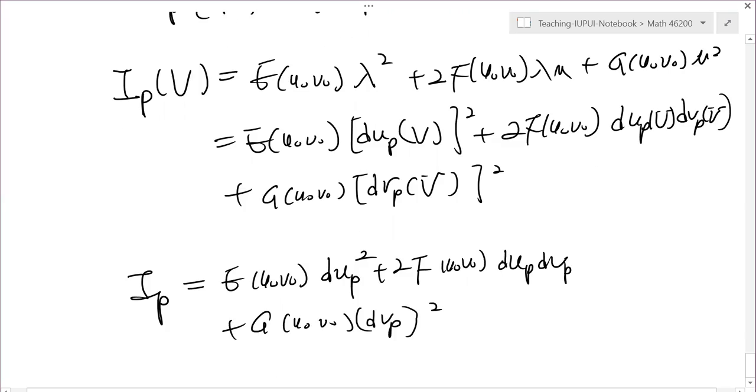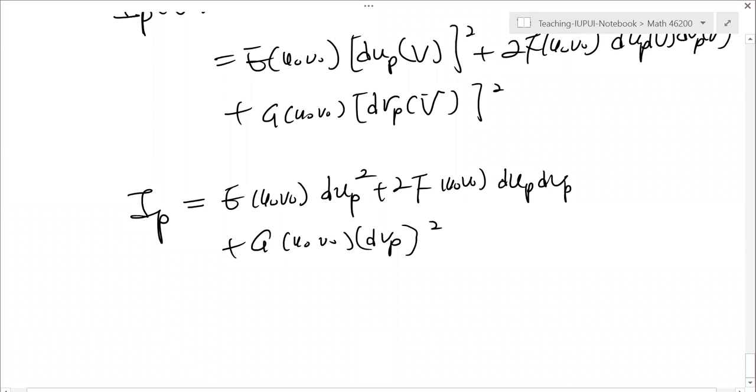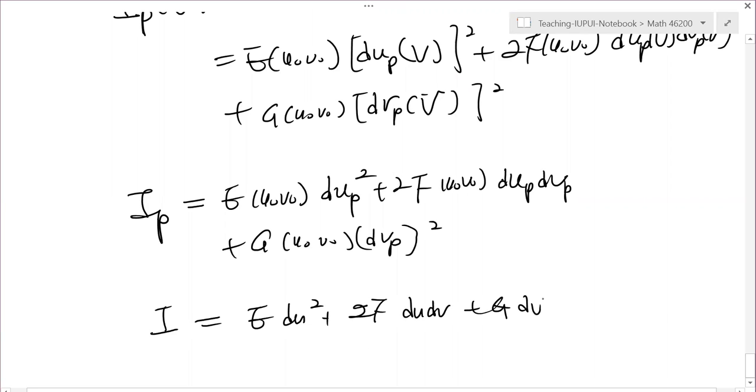Or further, without mentioning the point at all, you simply write E du squared plus 2F du dv plus G dv squared.